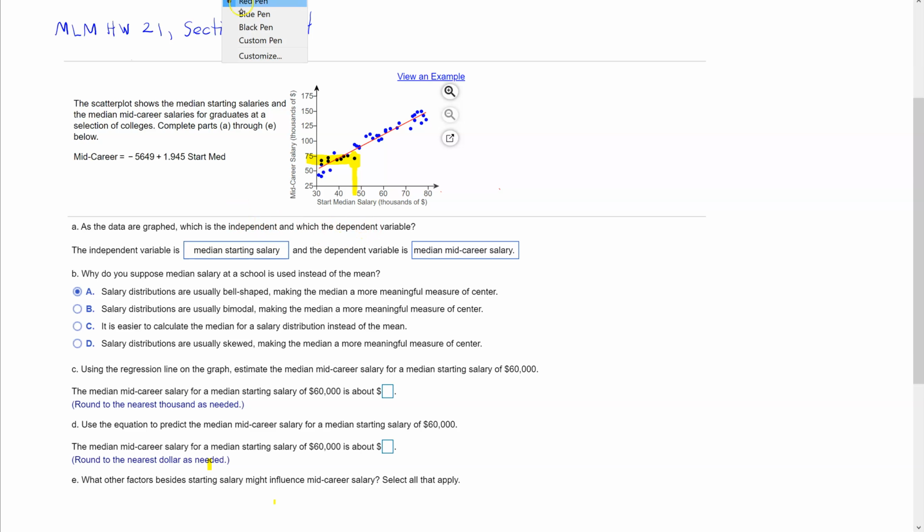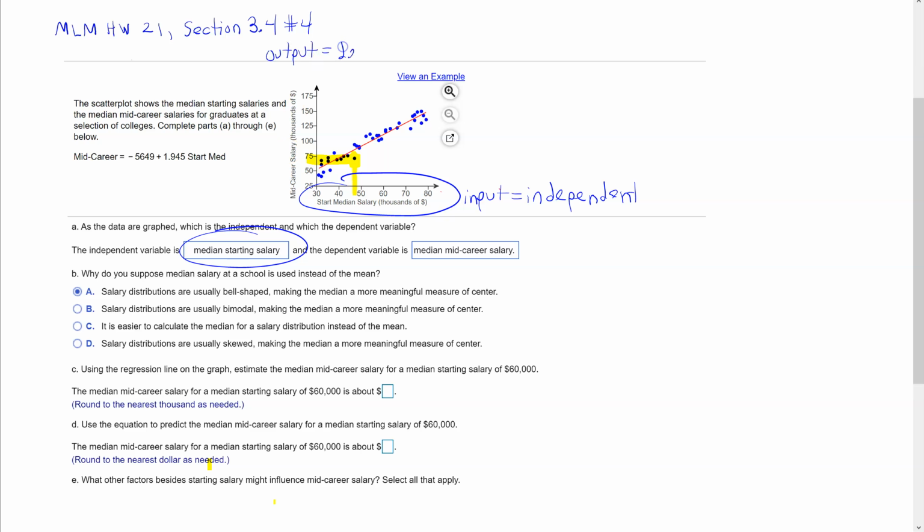So remember, the independent variable is linked to the input. So input, independent. So the independent variable is the starting salary. And then the dependent variable is linked to your output. So that dependent variable is the mid-career salary. So we answered that question.